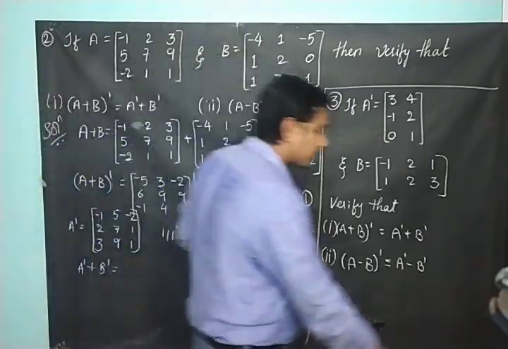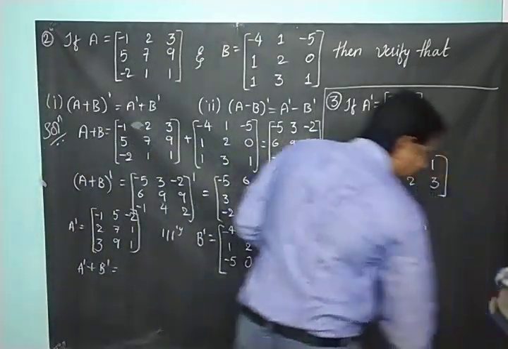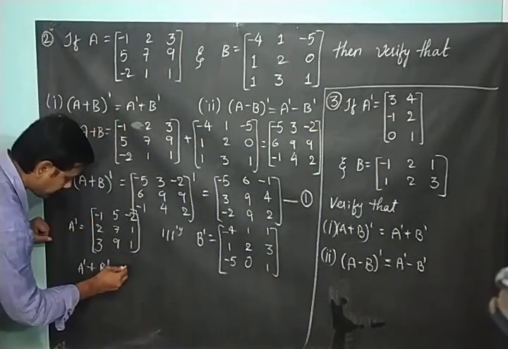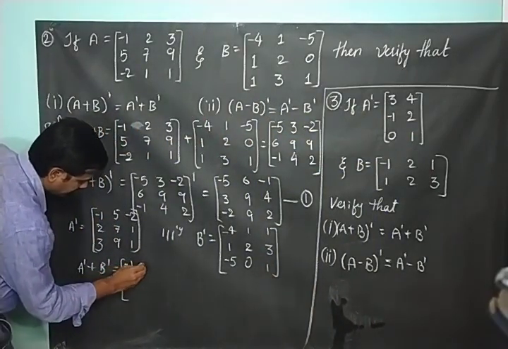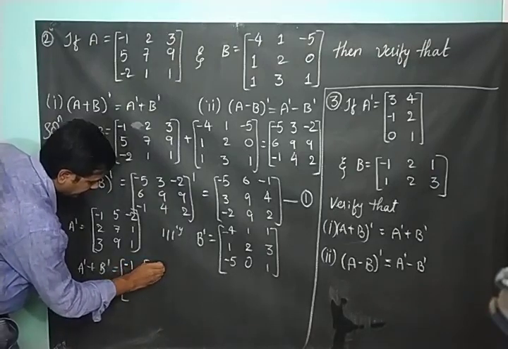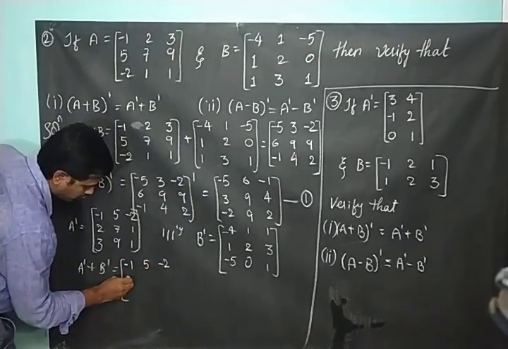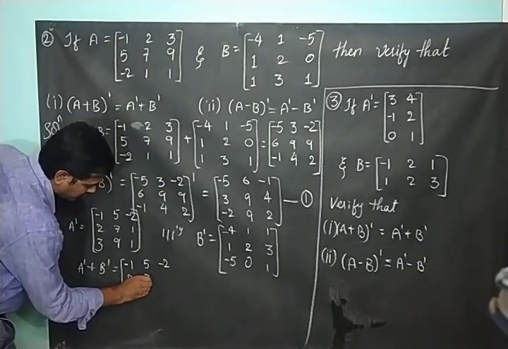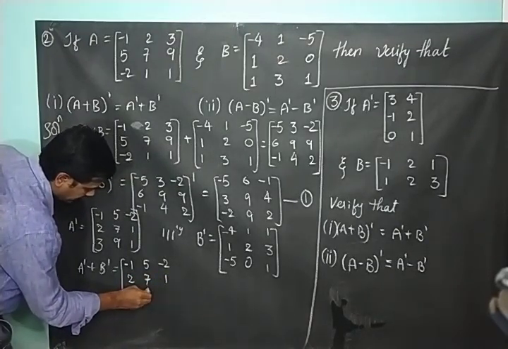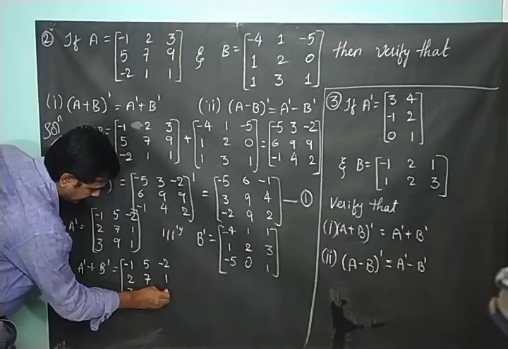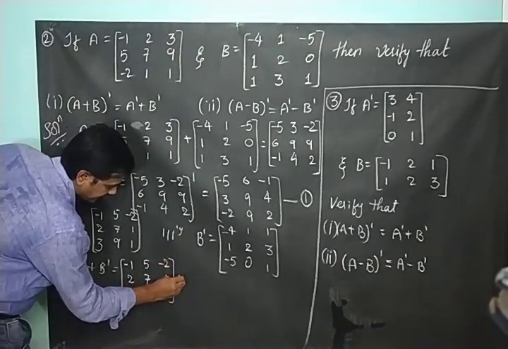So A dash plus B dash, we have A dash as minus 1, 5, minus 2, 2, 7, 1, 3, 9, 1.